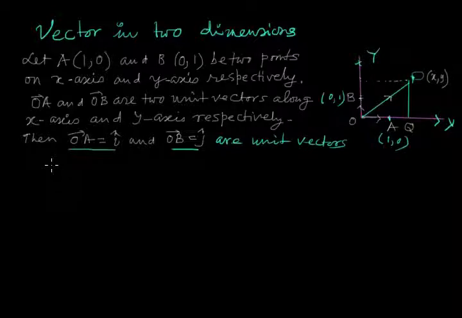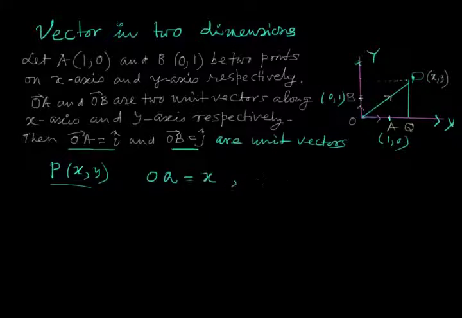Now we take a point P on the plane of OX and OY, and P is a point such that OQ is equal to x units and PQ is equal to y units.